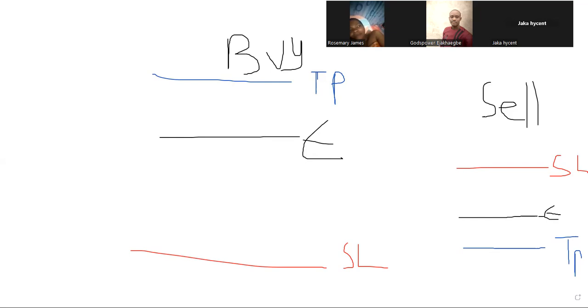If we are going to learn forex from now to the next 50 years, we'll never stop learning it. But what a good mentor should do for the participants is give the key areas of winning in the forex market. So what we are going to do in the advanced class is to show you the winning rates and what you are supposed to do to win in the forex market.